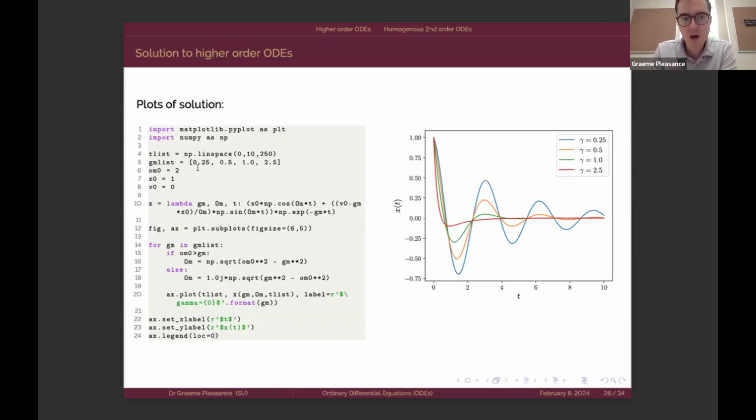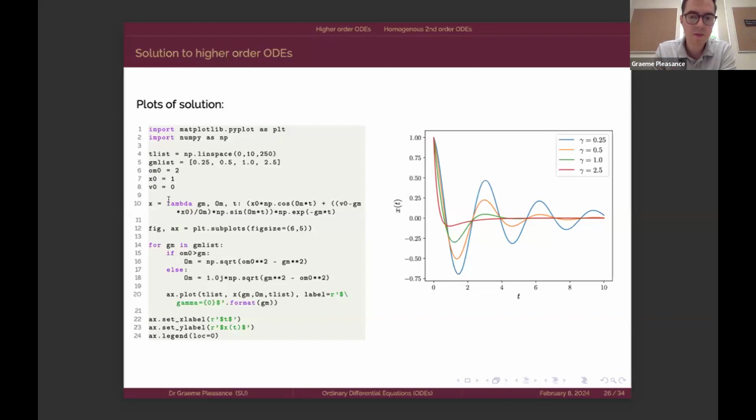So in this case, I'm examining the underdamped case, where underdamped behavior occurs when omega naught is greater than gamma. Here I've made sure that omega naught is greater than each of the gamma values that I specify in this list. And I've set x naught to be 1 and v naught to be 0.